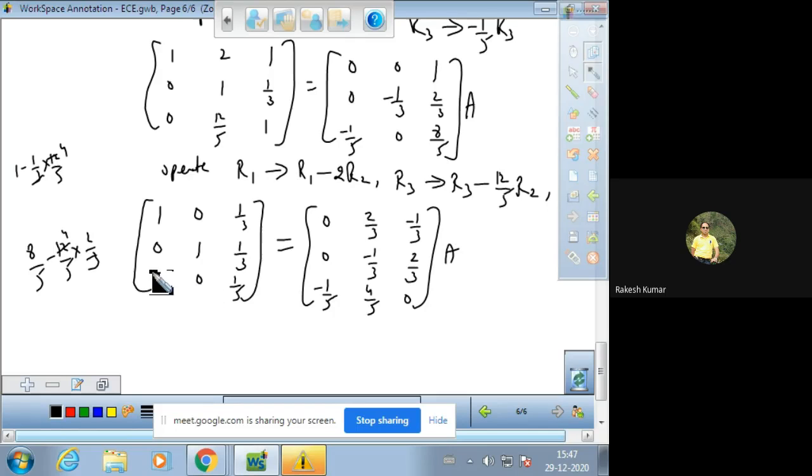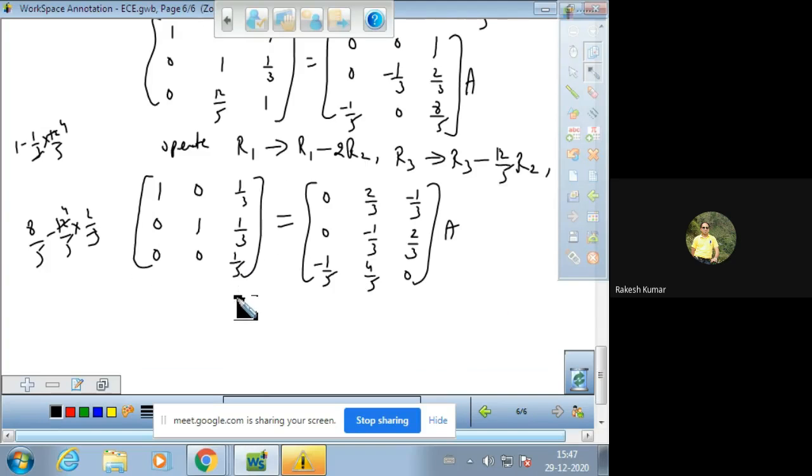This is what we are getting. 1 is there, 0 is there, 1 by 3 is there, 0 is there, 1 is there, 1 by 3 is there. And this is 0, 0, 1 by 5. Now if you multiply, because there is the common element here, 5, you want to remove this 5 now.